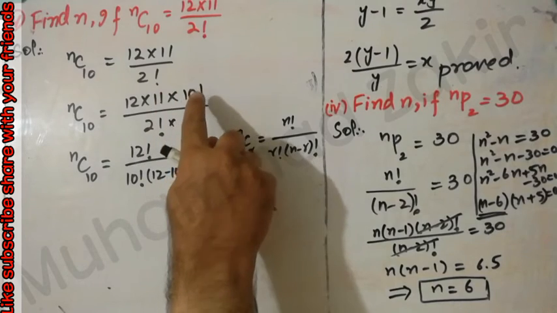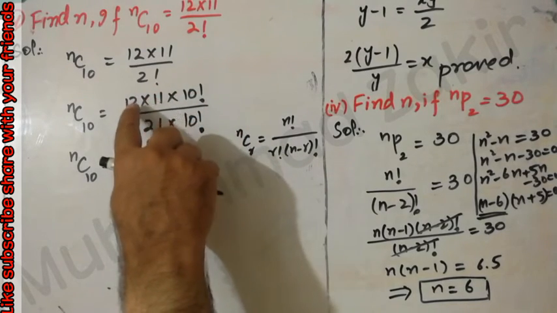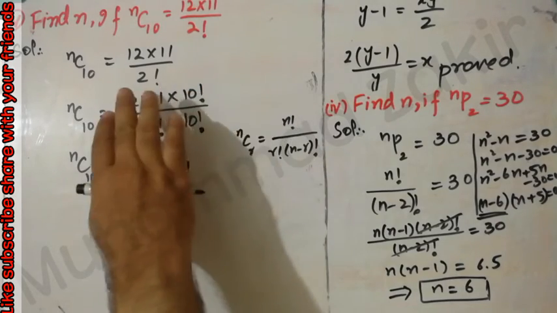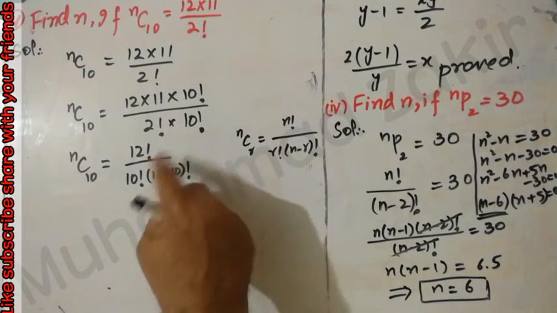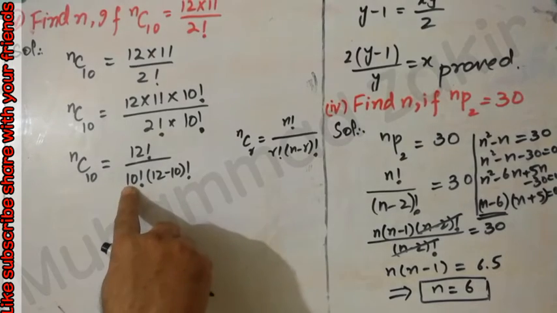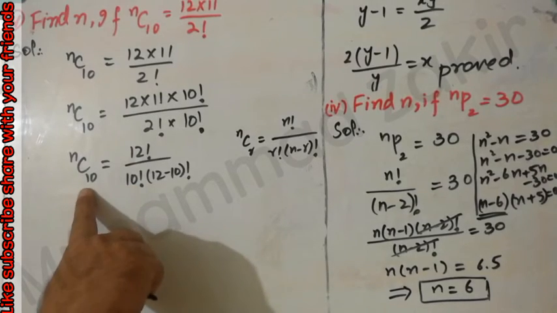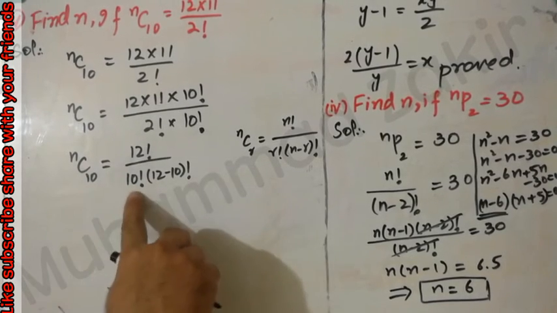Look, dear students, these 10 factorial, 11, 12 will be combined as 12 factorial. No change in numerator. They can be written in this form. Obviously, this 10 factorial is written here. I wrote this 10 because I want to consider it as r, because this is r on the left hand side. So this is r on the right hand side.